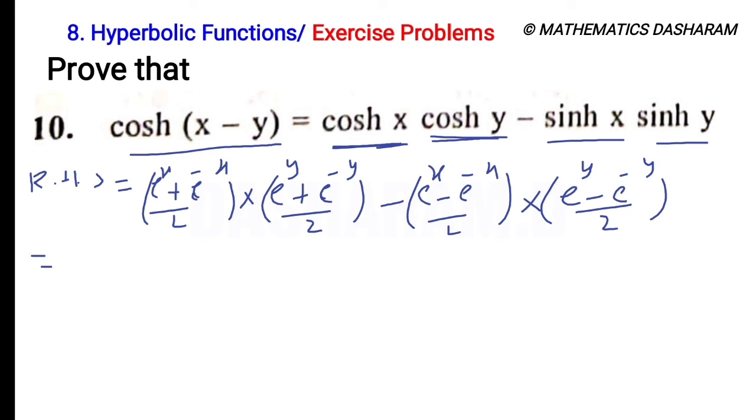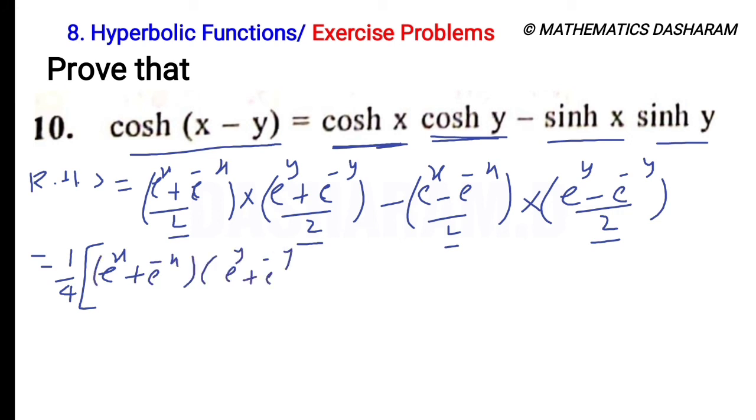So it is equal to, here 2 into 2 is 4, and here also 2 into 2 is 4, so overall 1 by 4 is common. Then (e^x + e^(-x)) into (e^y + e^(-y)) minus (e^x - e^(-x)) into (e^y - e^(-y)).